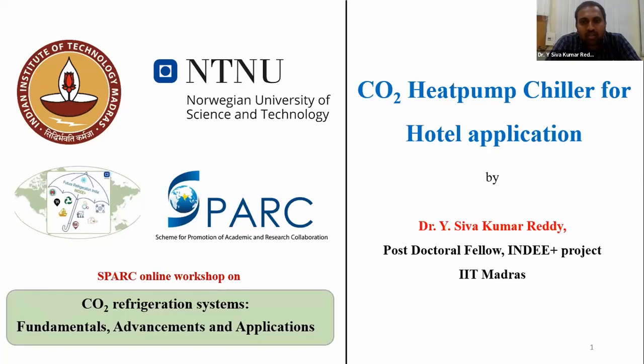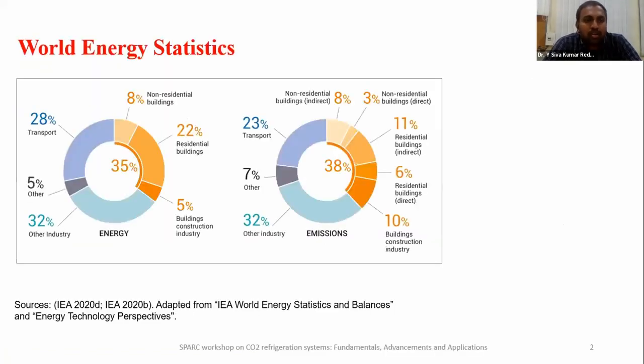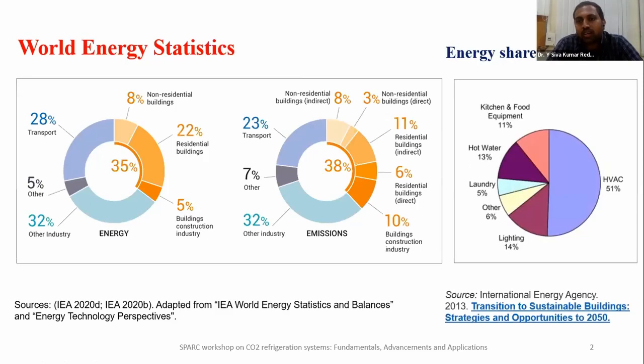Before going to the topic, first I want to share how much buildings are contributing to energy consumption as well as emissions. Almost 35% of the energy is consumed by the building sector, and nearly 38% of the emissions are contributed by the building sector. In the building sector, if we consider the hotel sector, nearly half of the energy share is consumed by space cooling or space heating, and 13% by hot water.